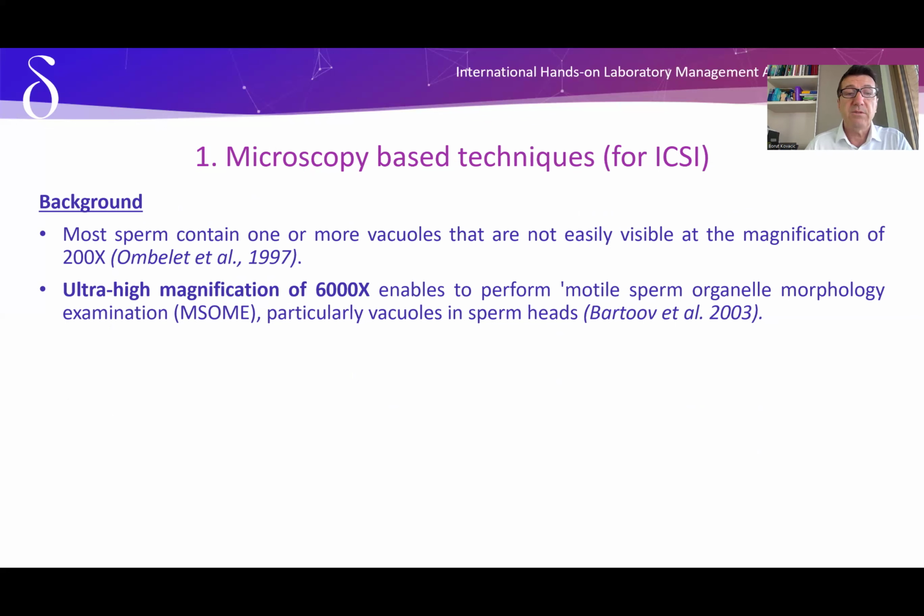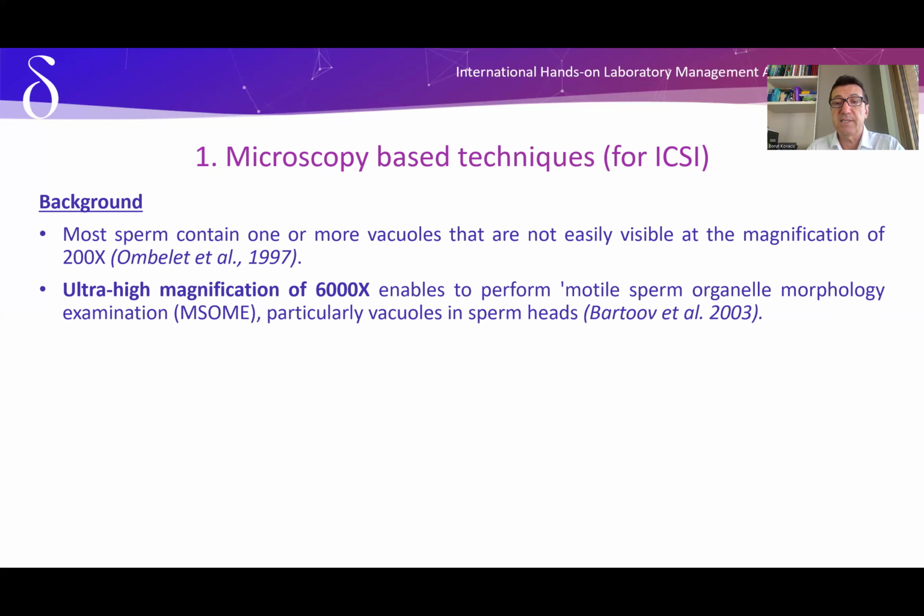What is the background of microscopy-based techniques for ICSI, for example? We should know that most sperm contain 1 or more vacuoles that are not easily visible at the magnification at which we perform the ICSI procedure.